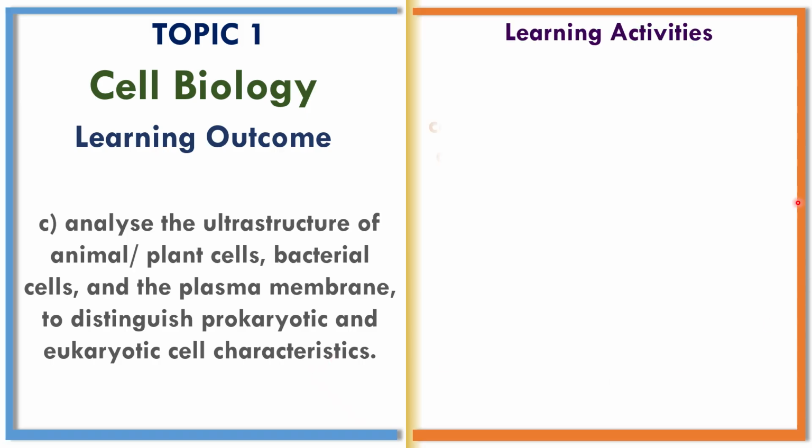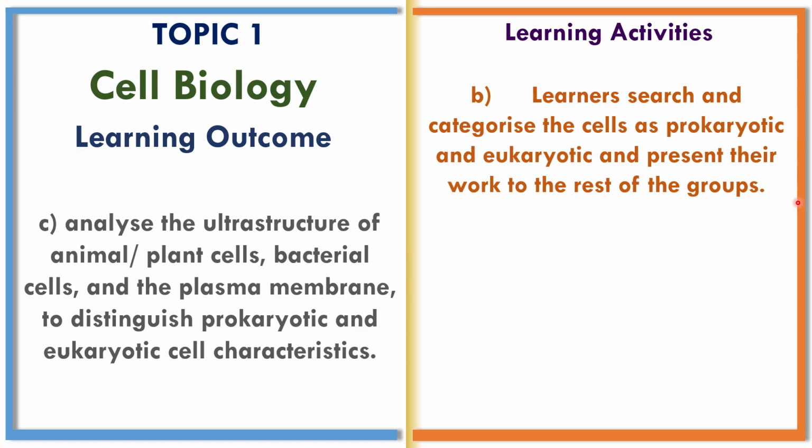We are looking at learning activity B. Learners search and categorize the cells as prokaryotic or eukaryotic and present their work to the rest of the groups.